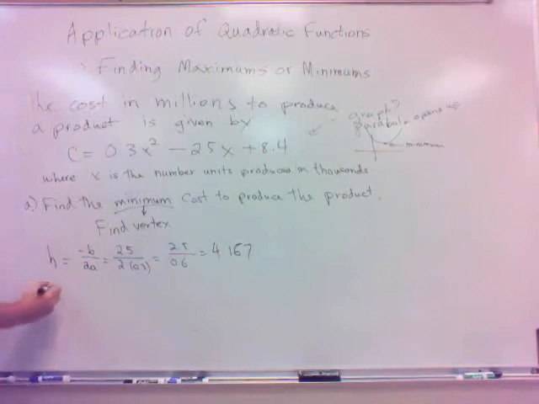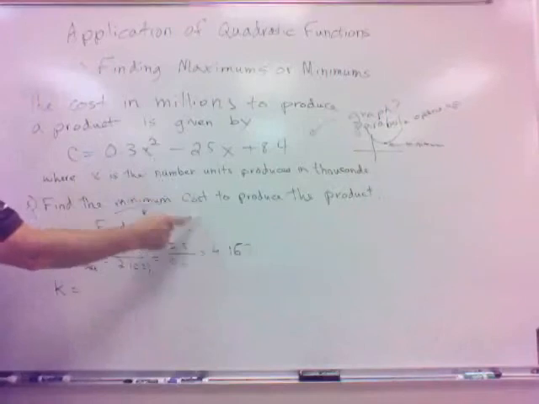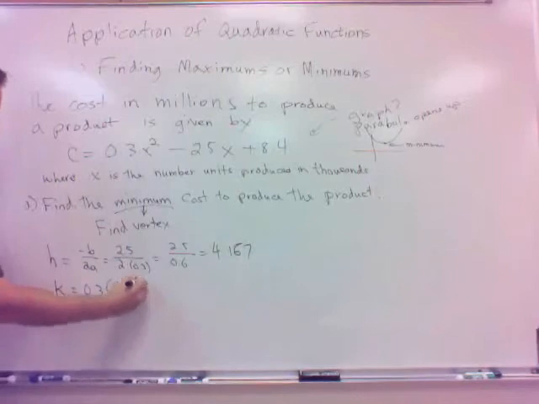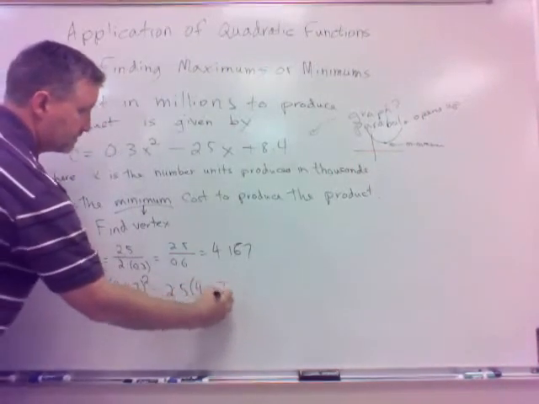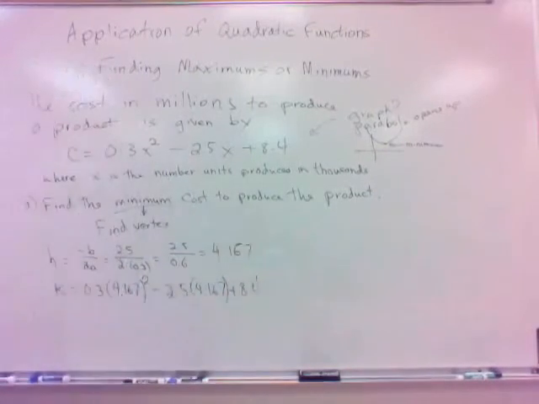Okay, how do we get k of the vertex? Well, for k of the vertex, plug this in for x, right? x is 4.167, so it'd be 0.3 times 4.167 squared minus 2.5 times 4.167 plus 8.4. That would give us k.